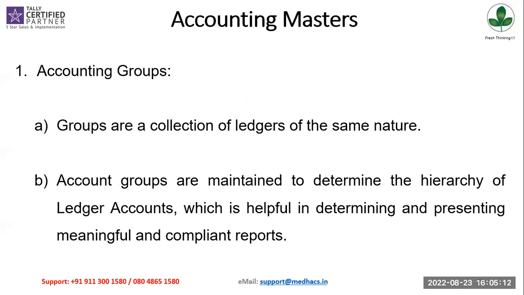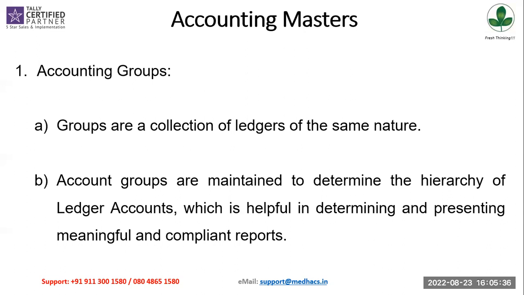So what is an accounting group? First thing, it's a collection of ledgers based on how a business requires reporting. For example, I can say indirect expenses as an accounting group.